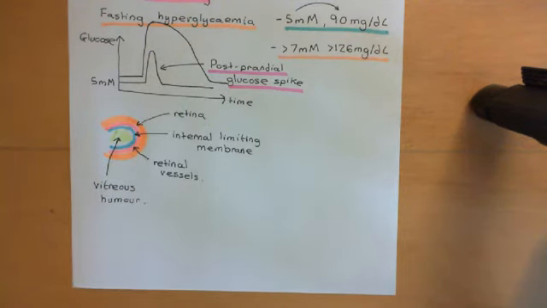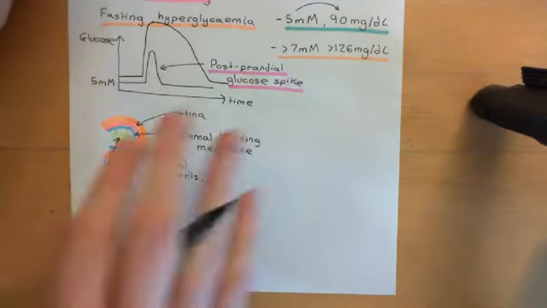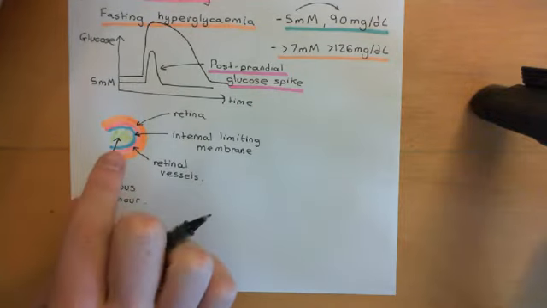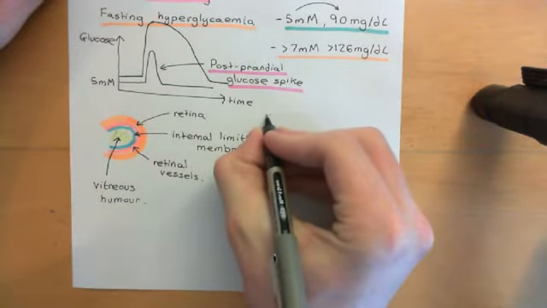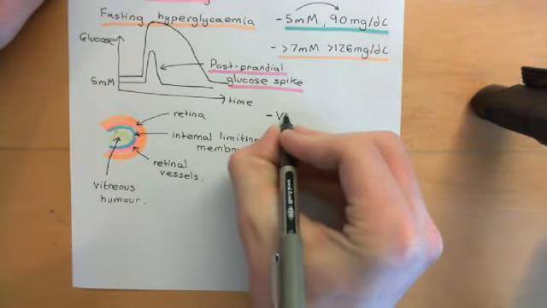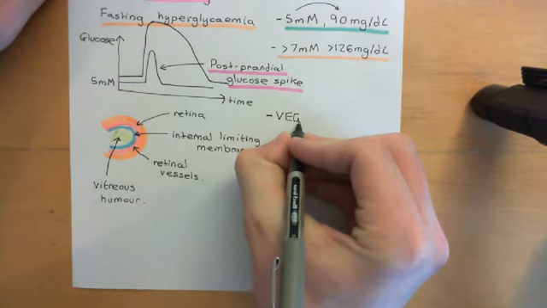Okay, so basically the fundamental thing that seems to happen, and it's not very well understood why this happens, is in the retina, particularly in the vitreous humor, you seem to end up with lots of vascular endothelial growth factor A being produced.